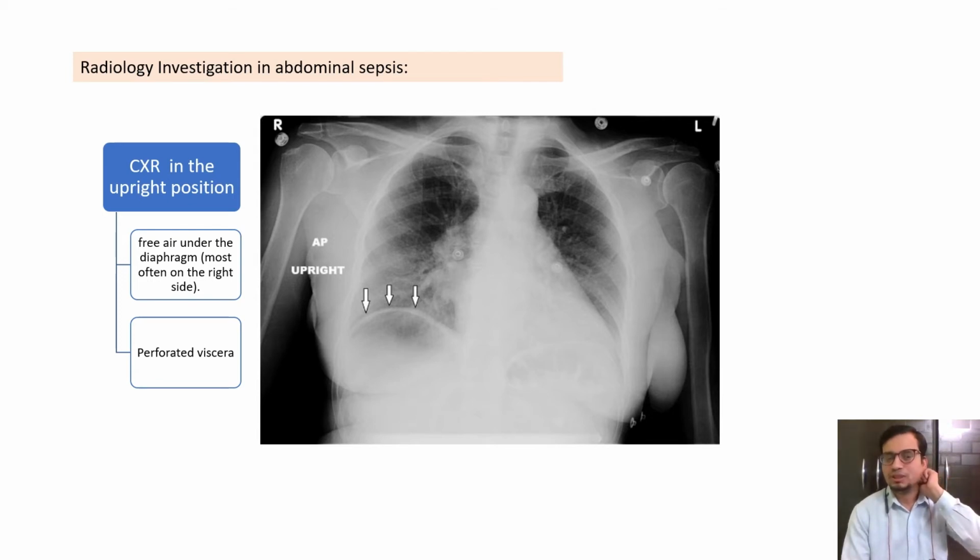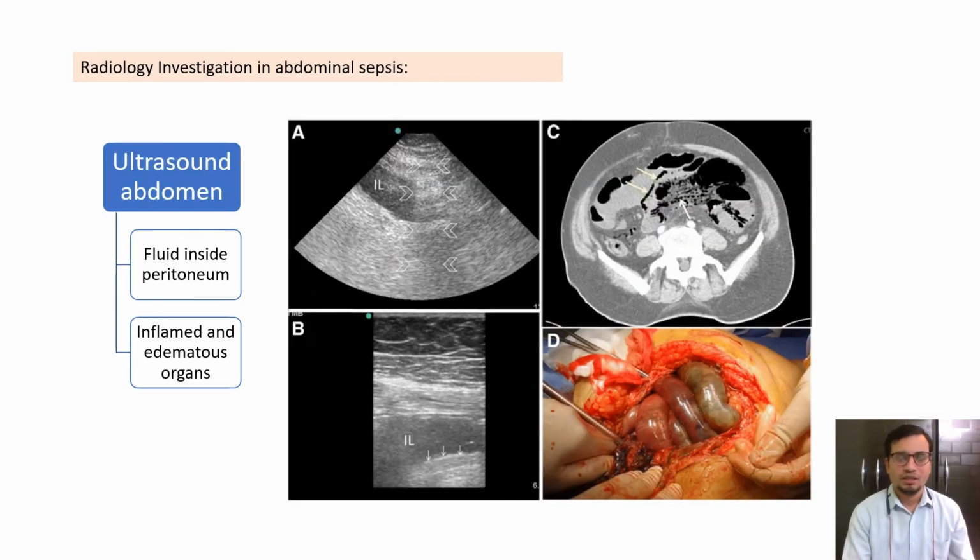Then a few imaging investigations are also there, like chest X-ray in upright position is a must, which will show you the pneumoperitoneum, free air, sometimes under the diaphragm, most often the right side, suggestive of a perforated hollow organ. You must be able to do ultrasound abdomen, which is always available with you inside the emergency department or ICU.